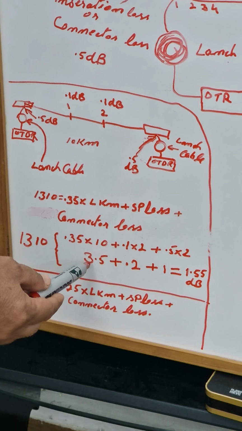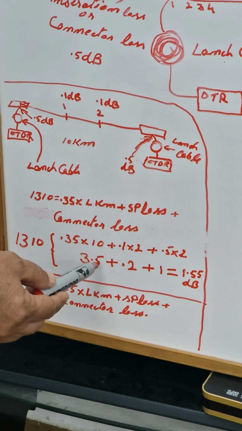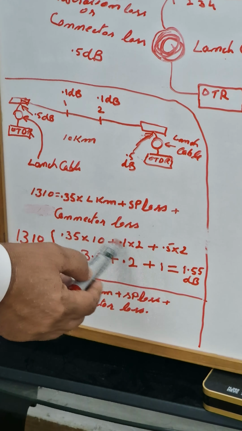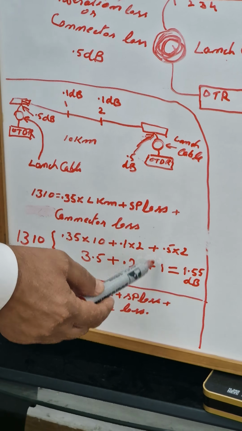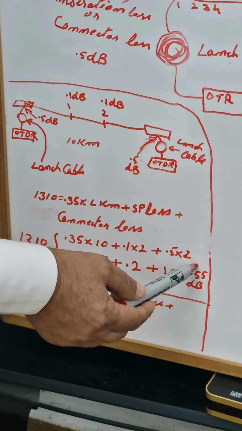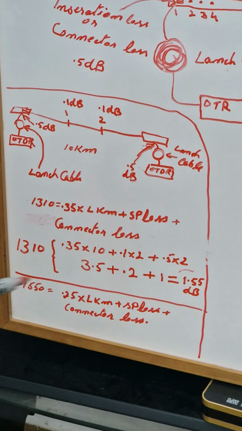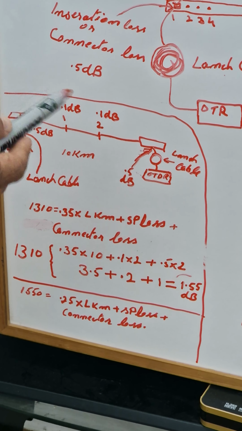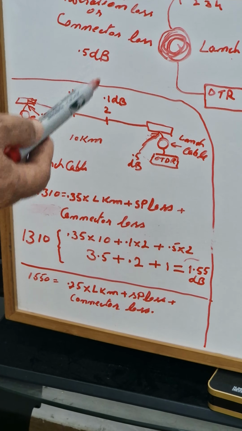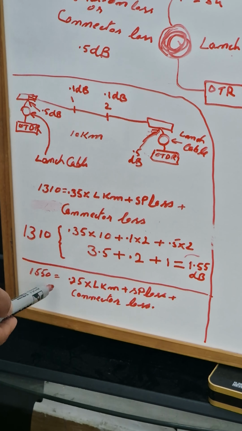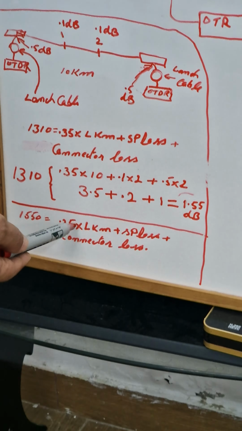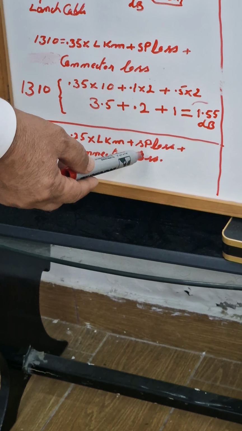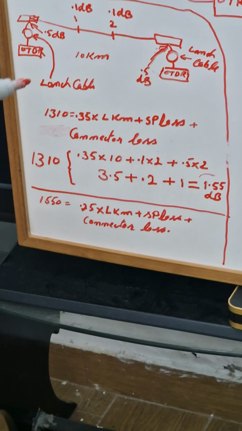So I have calculated here 3.5 plus 0.2 splice loss plus connector loss of both ends is 1. So 4.7 dB loss should be for this span on 1310. Similarly, in 1550 the formula will be 0.25 into length in kilometers plus splice loss plus connector loss. So we can calculate the same way.